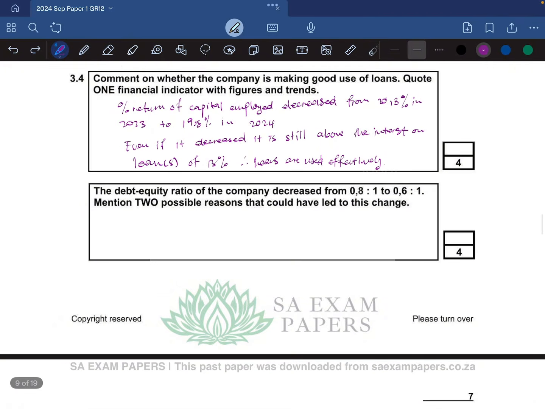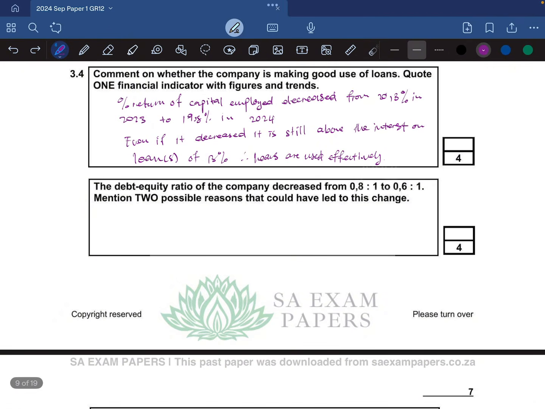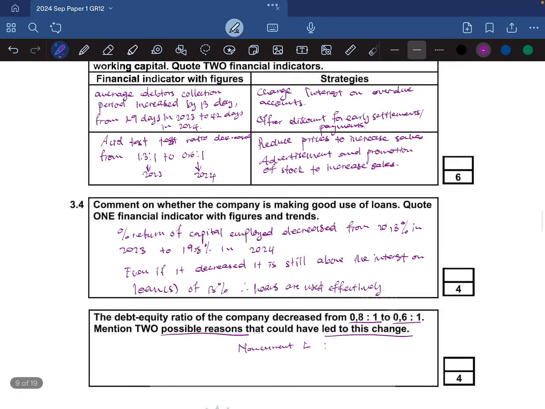And then now we need to look at the debt equity ratio of the company, which decreased from 0.8 to 1 to 0.6 to 1. Now we need to mention two possible reasons that could have led to this change. So now we know that our debt to equity, we're talking about our non-current liabilities, and we also need to talk about our equity.